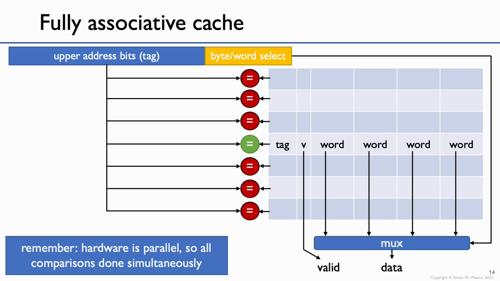However, for small memories it can be quite efficient, and we will see when we talk about virtual memory in a later lecture that the translation look-aside buffer, which is also a form of cache, often is fully associative. One of the advantages though with a fully associative cache is that you can place a cache line anywhere in the cache, and this actually gives us flexibility with the replacement policy.